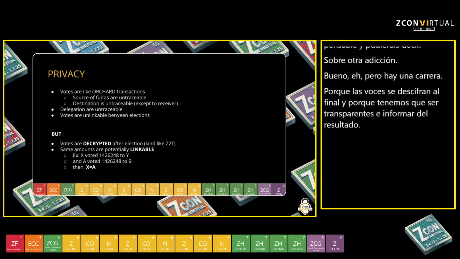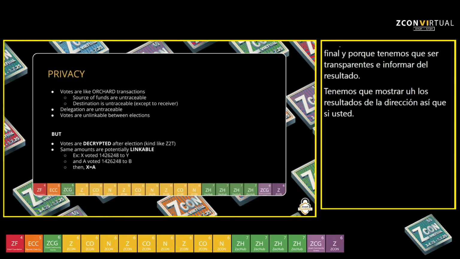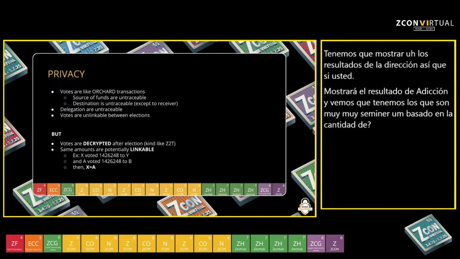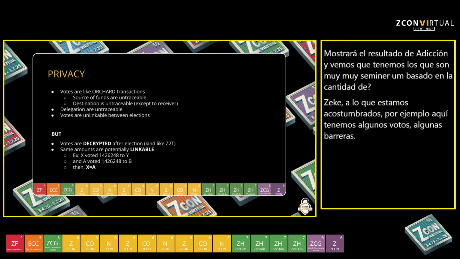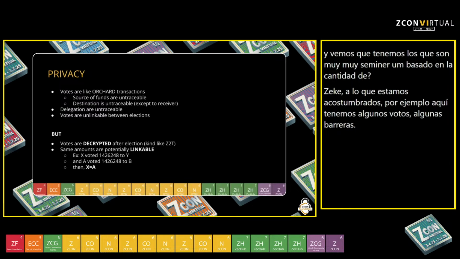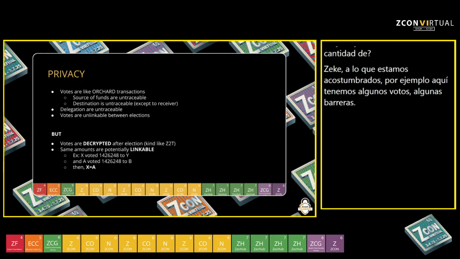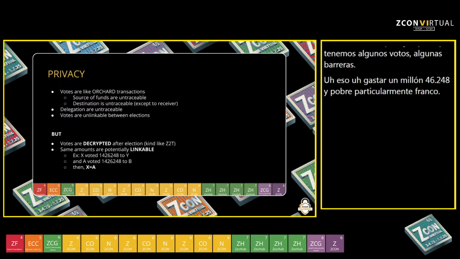If we see votes that are very similar based on the amount of ZEC that was used, for example some ballot that spent 1,426,248 on a particular candidate, and on a different election exactly the same amount was put on candidate B, most likely the same person voted for candidate Y and candidate B.